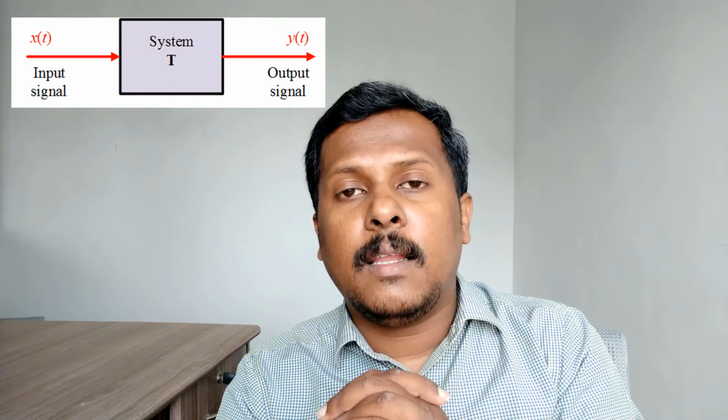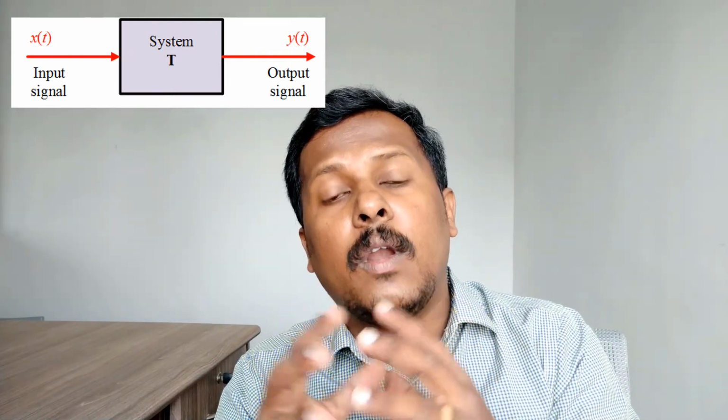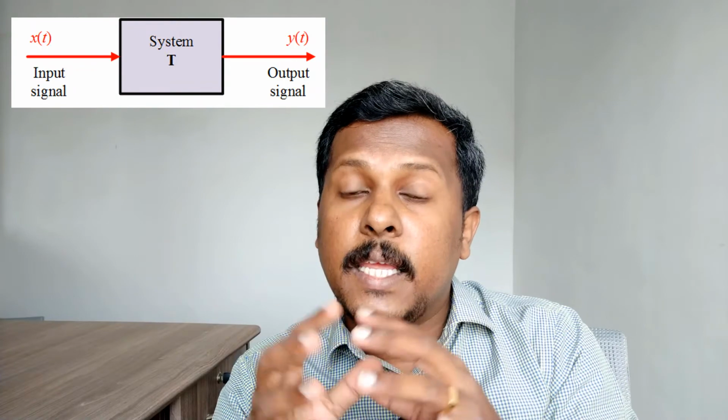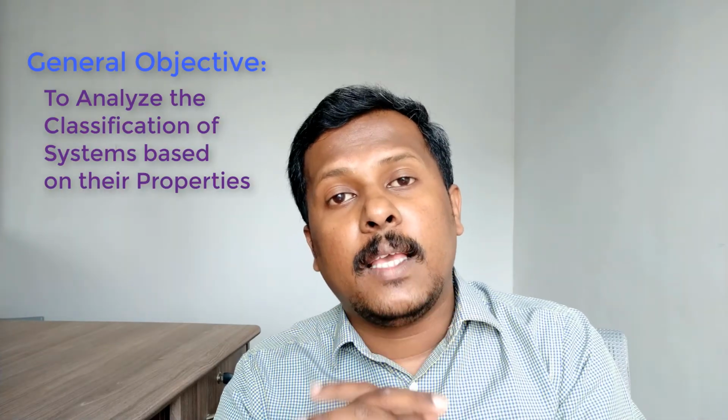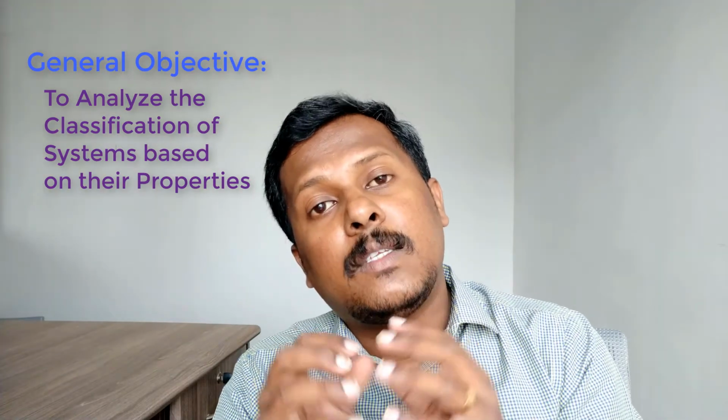In this lesson, our main concentration is on systems, especially types of systems. The general objective of this lesson is that students will be able to analyze the classification of systems based on their properties.